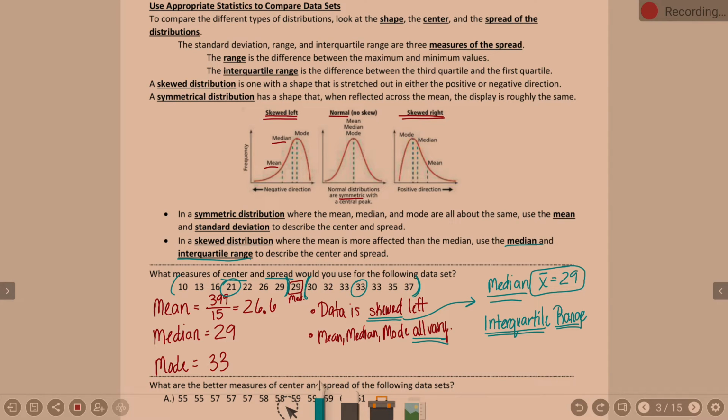So in order to do interquartile range, it's the third quartile minus the first quartile. Can you handle my shorthand of Q3 minus Q1? That's my way of saying quartile 3, the third quartile minus the first quartile.